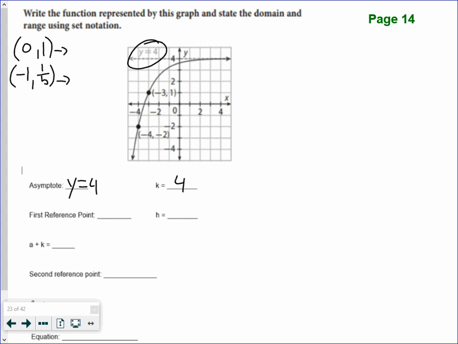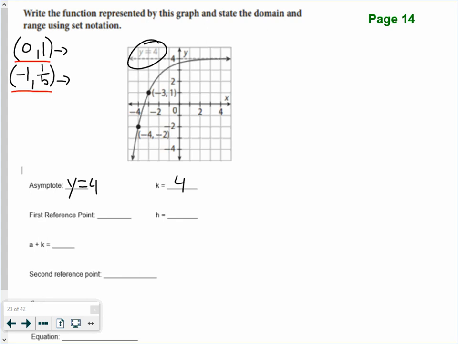We're going to figure that out by comparing our x's with each other. Between (0, 1) and (-1, 1 over b), (0, 1) has the bigger x value. 0 is bigger than -1.